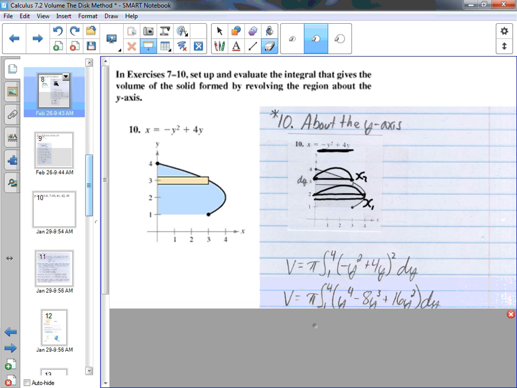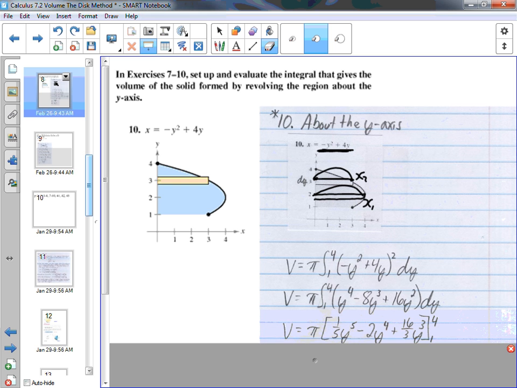So we square that. So volume equals pi times the integral from 1 to 4 of y to the 4th minus 8y cubed plus 16y squared. That's what we get when we square it and simplify. Trust me. And now we integrate.